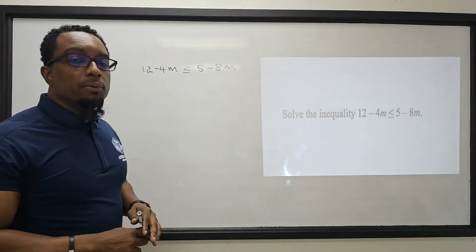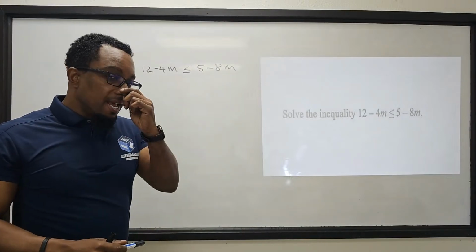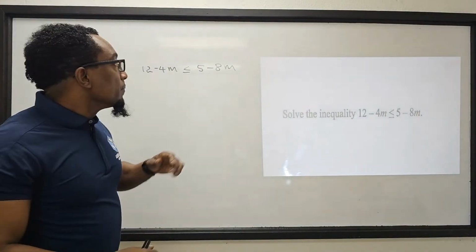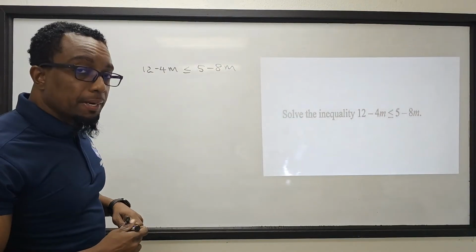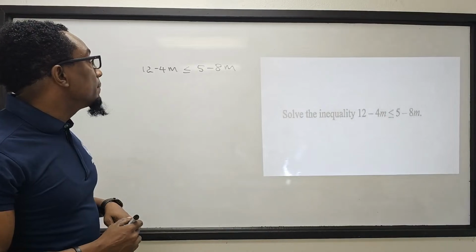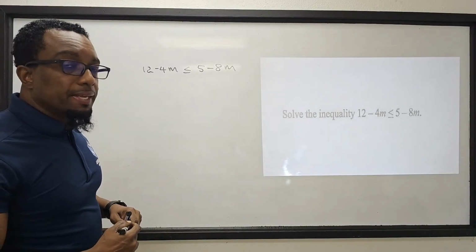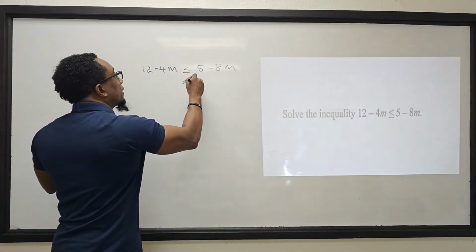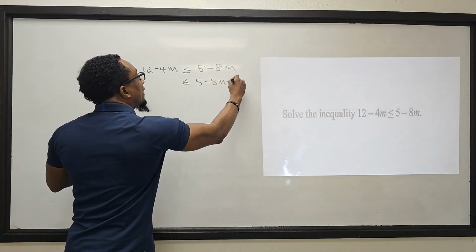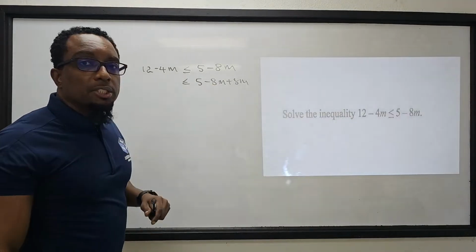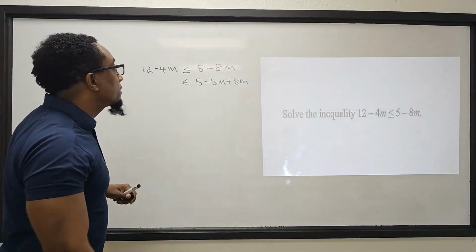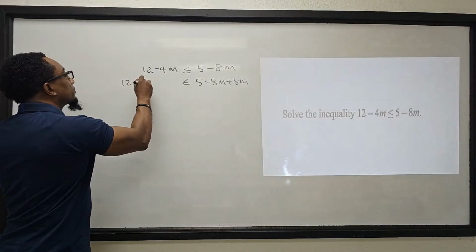So again we want all unknowns on the left. So I'm going to place all my m's on the left of the inequality symbol. So negative 8m, I'm going to move to the left as positive 8m by doing what? I'm going to add 8m to both sides. The opposite of subtraction is addition, so I add 8m to both sides.